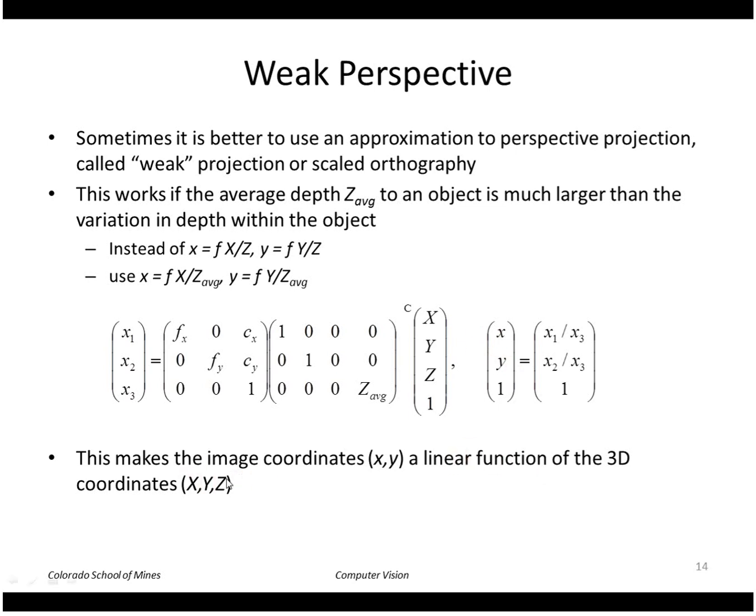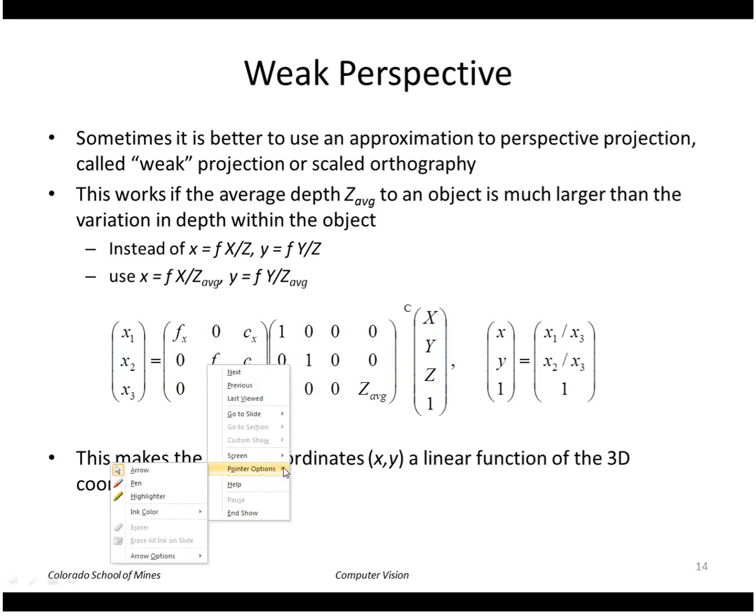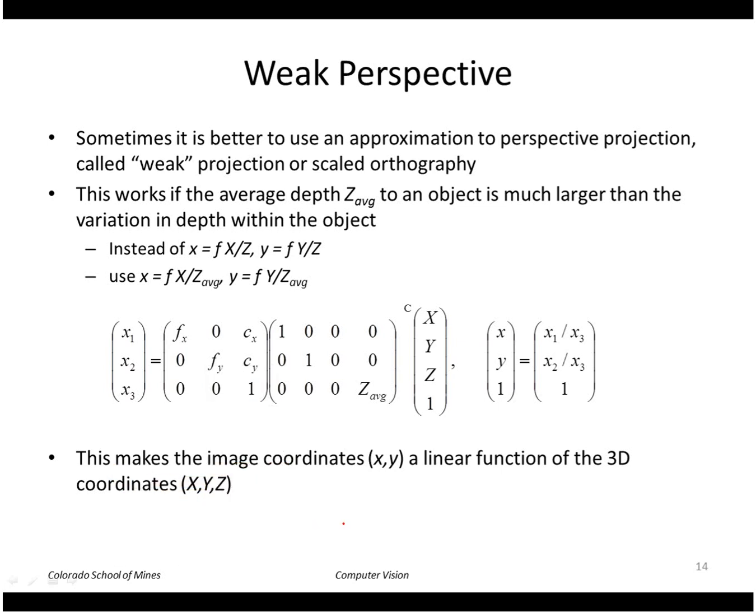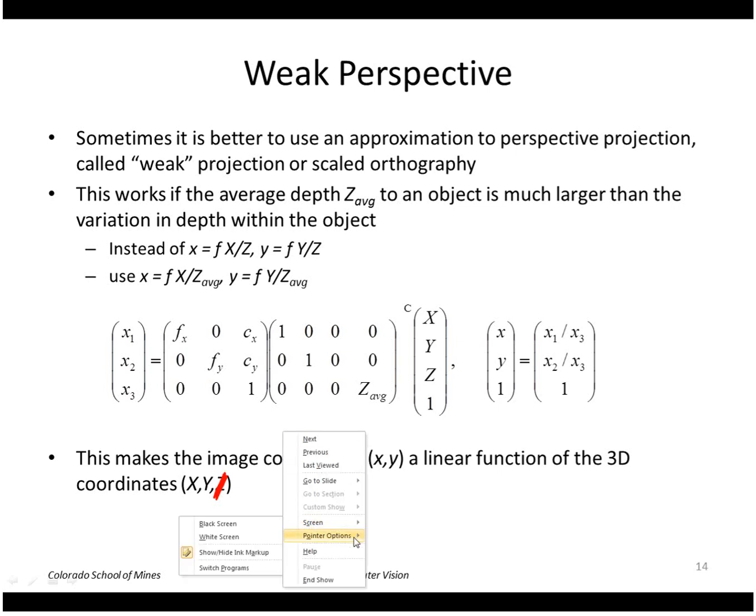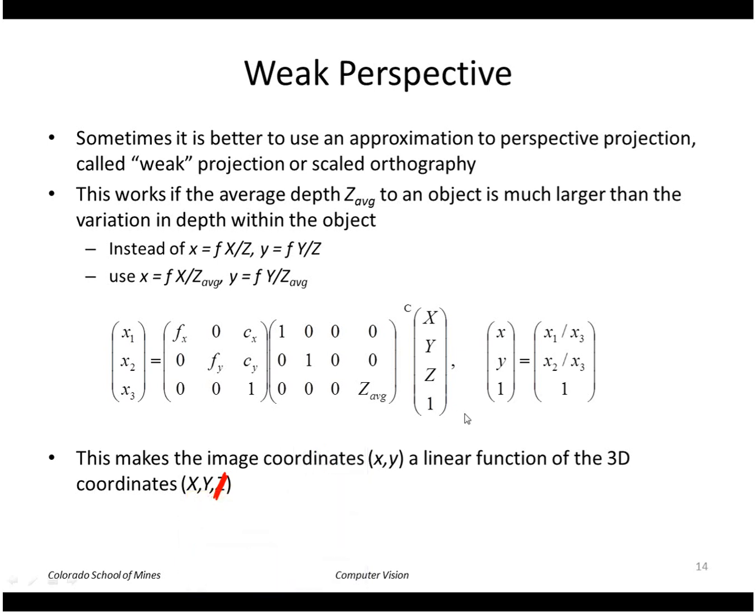Actually, this is really just two coordinates, x and y, because z average would be a constant here. So a linear function is a good thing when you're trying to solve for the 3D coordinates, for example, using a least squares operation.